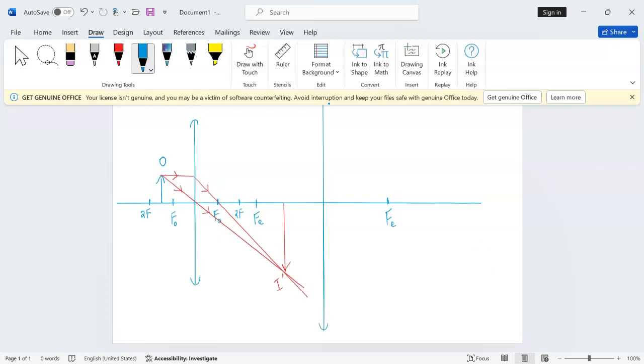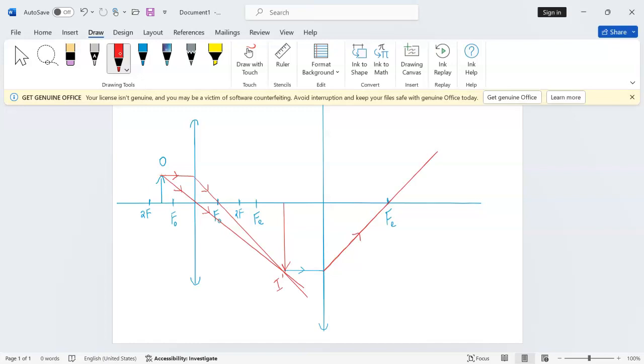So I'm going to draw a ray close and parallel to the principal axis. Such a ray will be refracted through the principal focus. Yes, that is how the ray will behave.